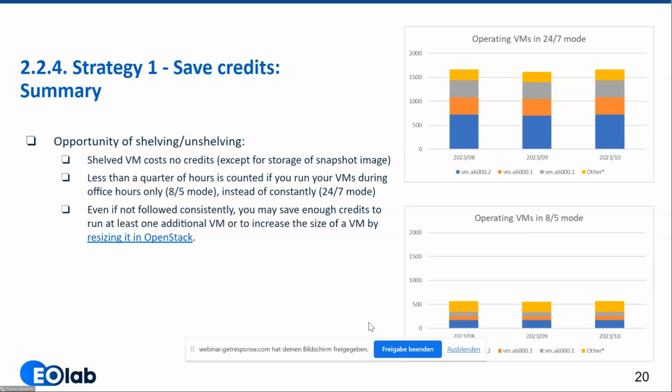You would be able to add another virtual machine for your 4th person or even a 5th person, or you would even be able to use a virtual machine with 2 slices instead of 1 to modify your credit consumption and the setup of your cloud resources. So that's a good opportunity to do with shelving.